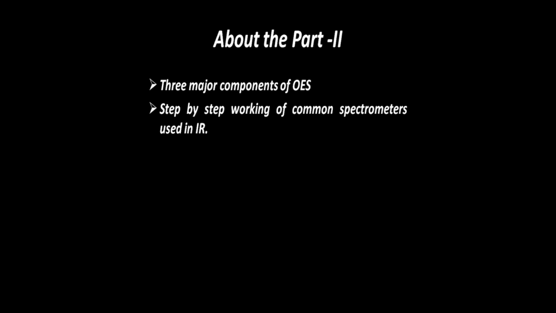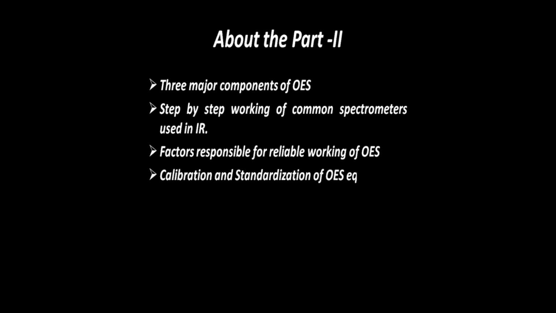In part 2 of this video series, we will be discussing the three major components of OES and the step-by-step working of the two most common types of spectrometers used in Indian Railway. We will also be seeing the factors responsible for reliable working of OES and how to calibrate and standardize our OES equipment. Hope the video was informative.